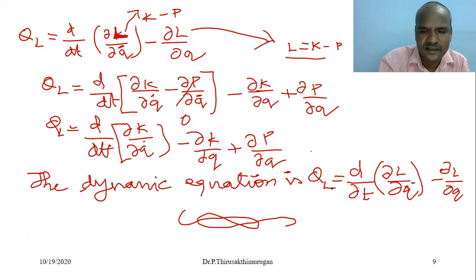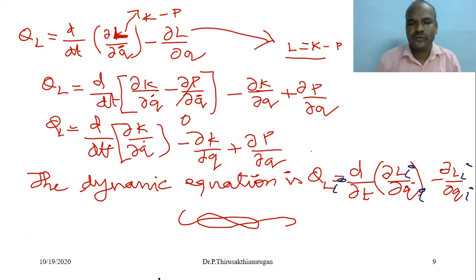Ith order means you just add Li, Qi, ith joint coordinate. The same thing can be used for nth order equations. Okay, this is about the dynamic equations of the system.